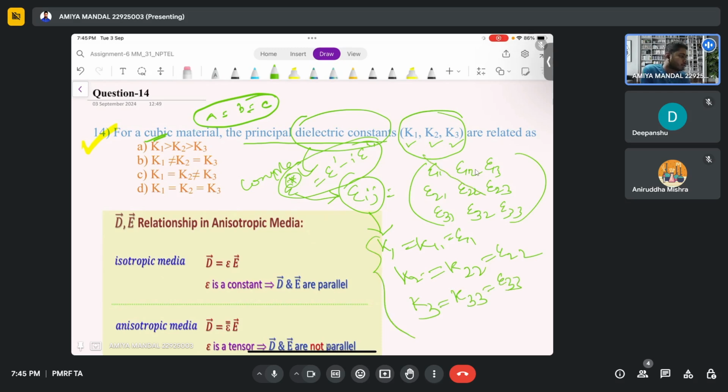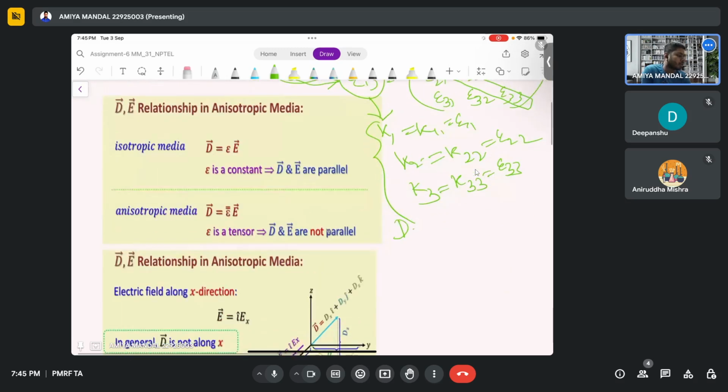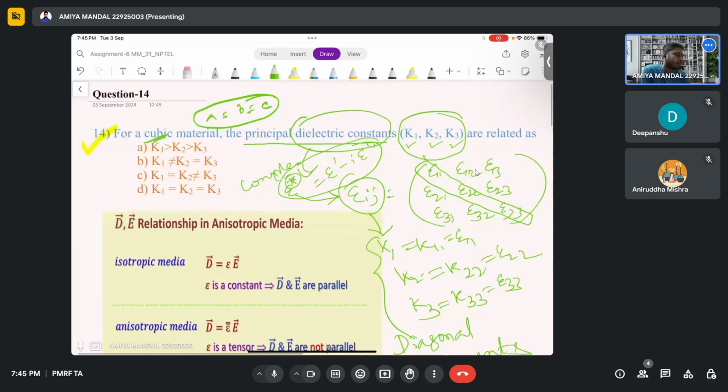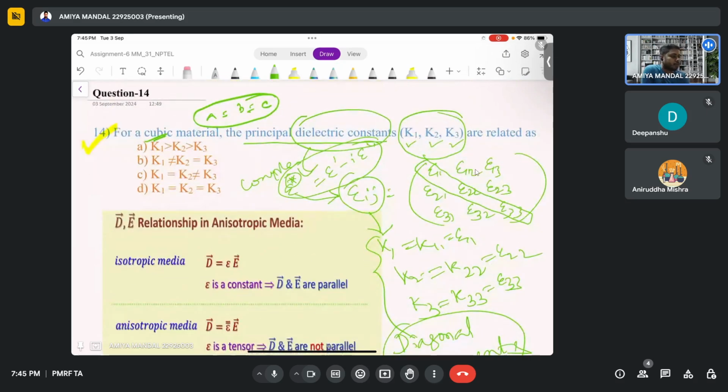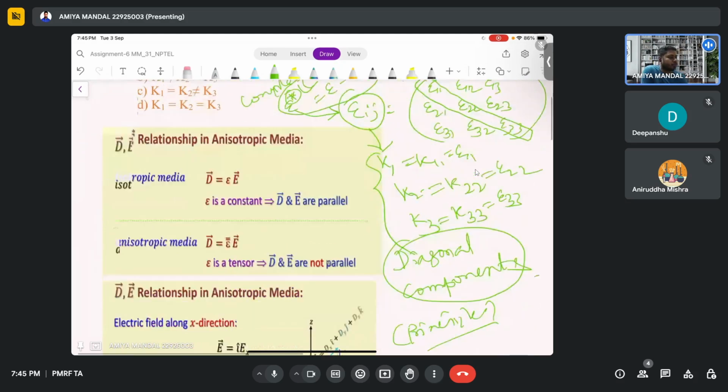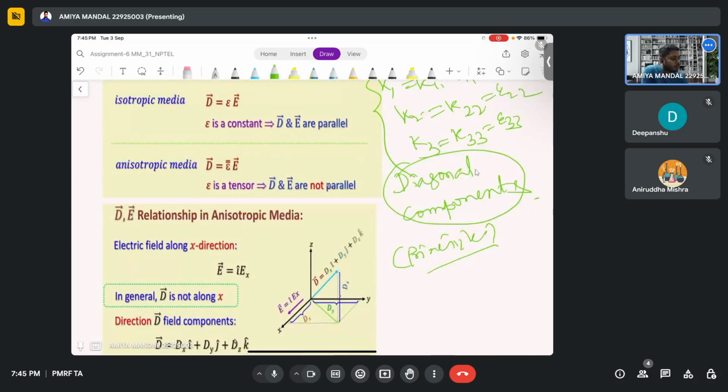Just the diagonal components give you the principal values. So these are the principal values, and how are they related in a cubic material? For a cubic material, everything has symmetry.